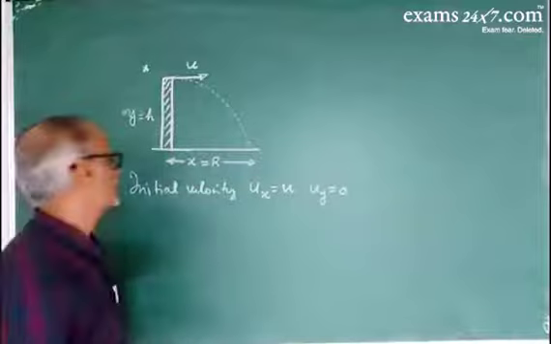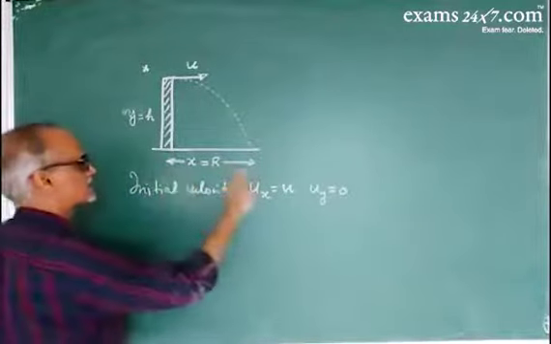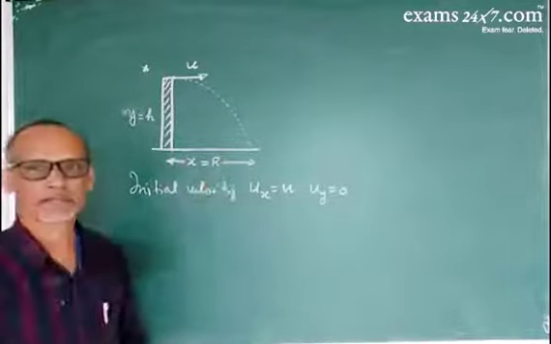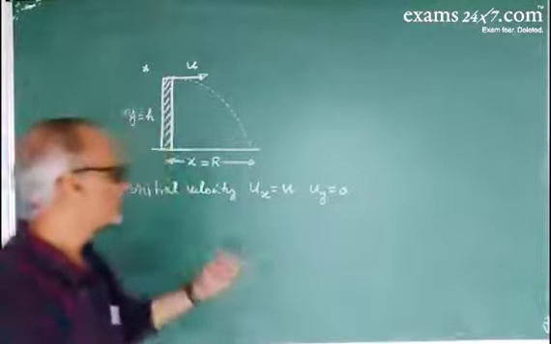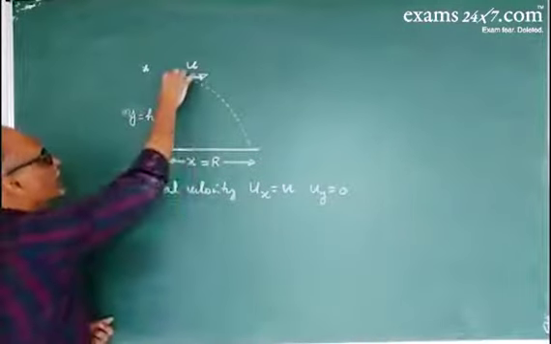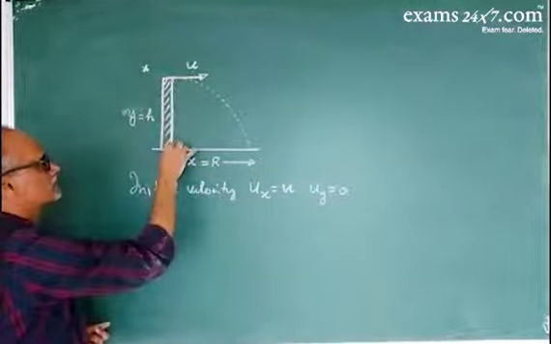To find the horizontal distance, we need the time. So how do we find that time? We can find it by finding the vertical displacement.